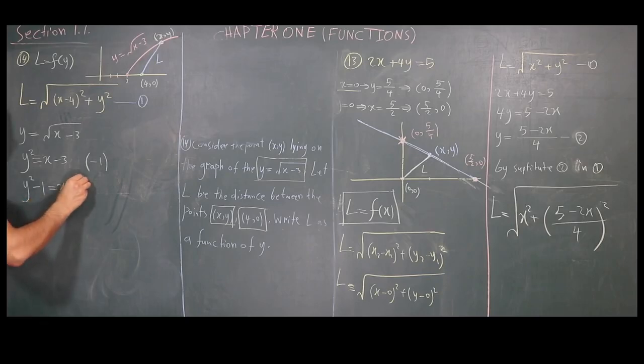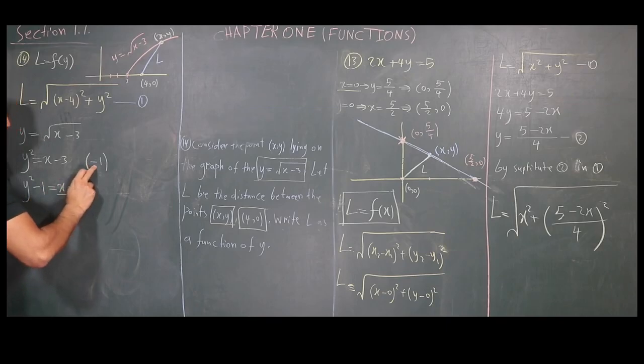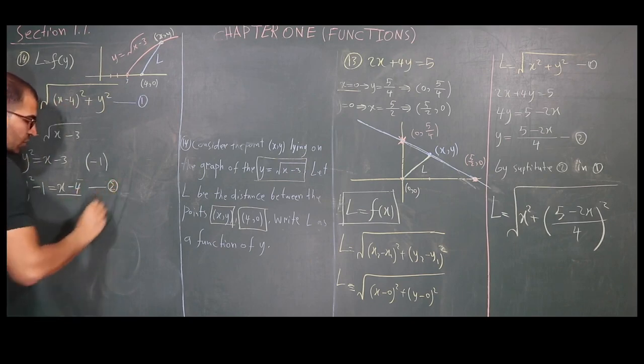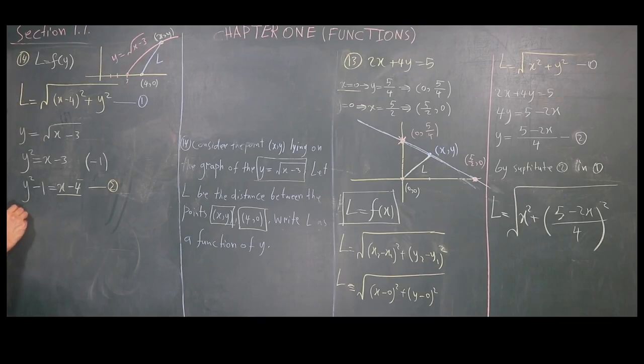So I get x minus 4 here, and I just added minus 1. I want this expression on the right to be equal to this expression inside the brackets. So put 2 in 1.